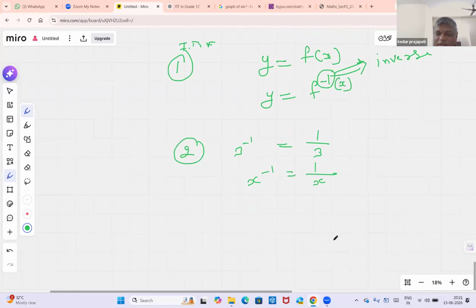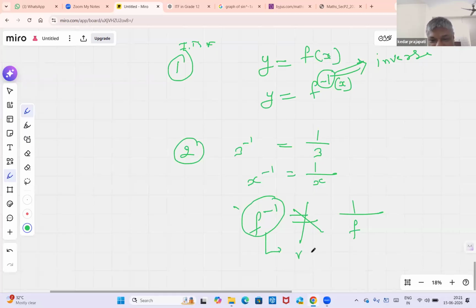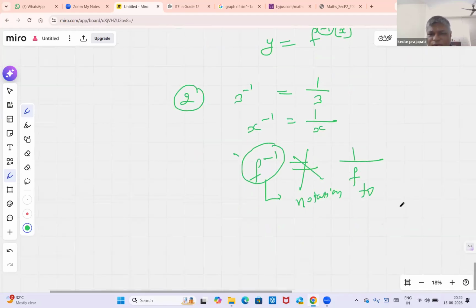But f inverse is not equal to 1 by f. So what is f inverse? f inverse is a notation. It is not a reciprocal. It is a notation to represent.